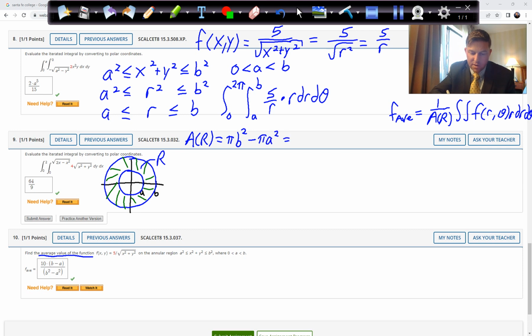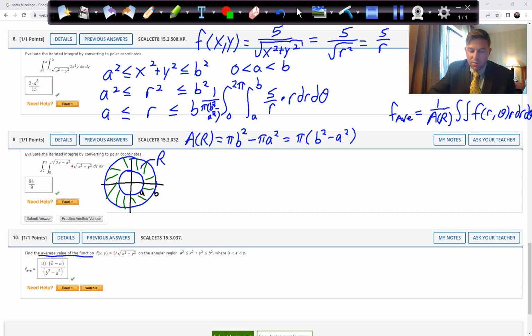And we can factor out a pi and call this pi times b squared minus a squared. So that's the area of what we would call a washer. And 1 over that has to go in front of this integral. So that area goes in front of this double integral.